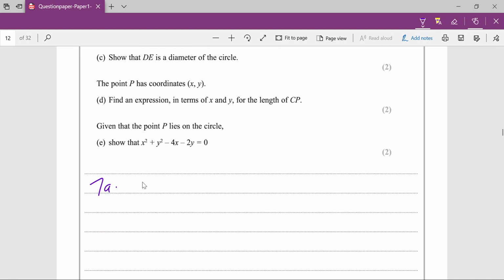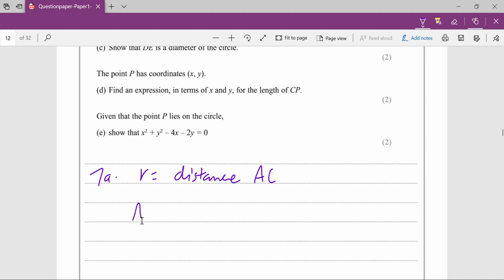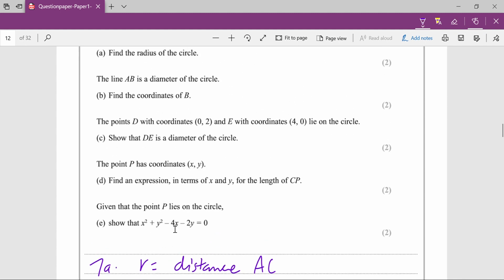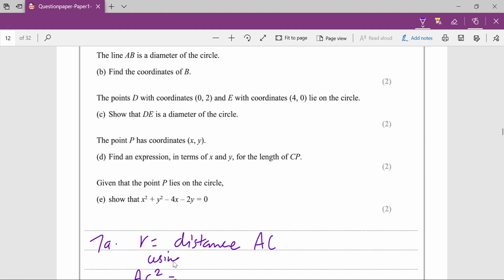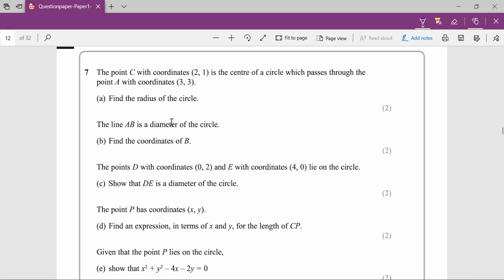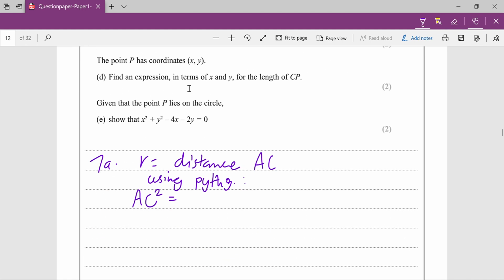So r is the distance AC. And using the Pythagorean theorem, well, first our delta x squared plus delta y squared.